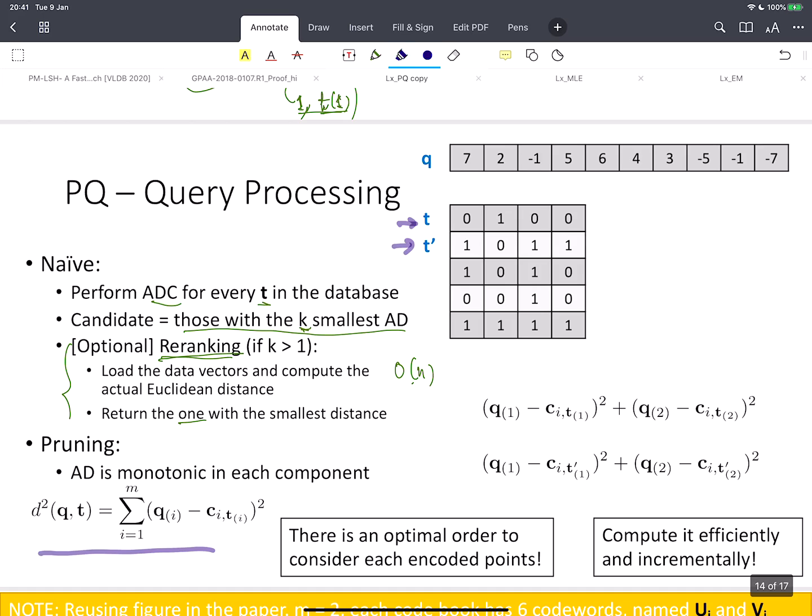Now we know that for these two vectors, for the first partition, they load up different code words in the code book to do the calculation, and they only look at this one. If you look at the formula, this is the AD for T, this is the AD for T prime.